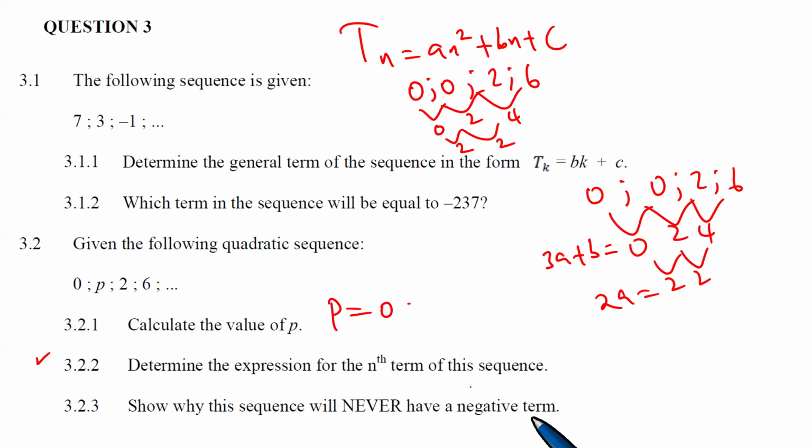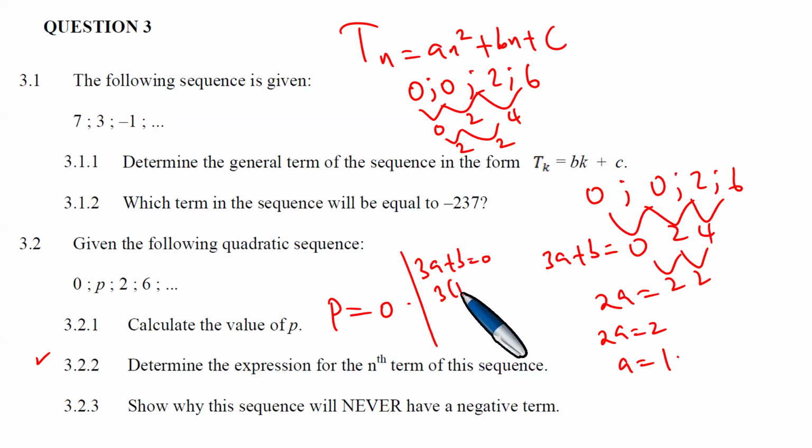If we have that 2a equals 2, we divide by 2, which means a equals 1. Once you get that a equals 1, we must be able to get the b here, which means we have 3a plus b equals 0, which gives b equals minus 3.